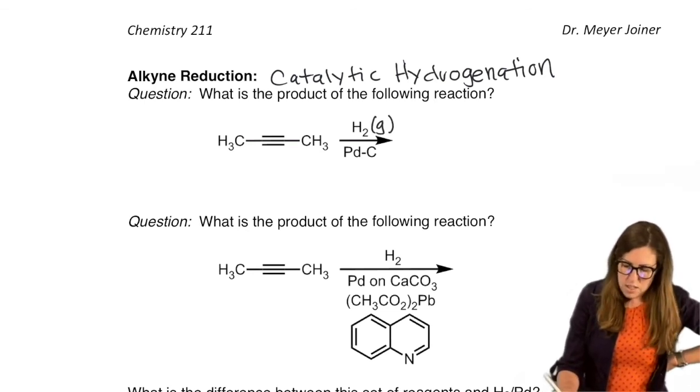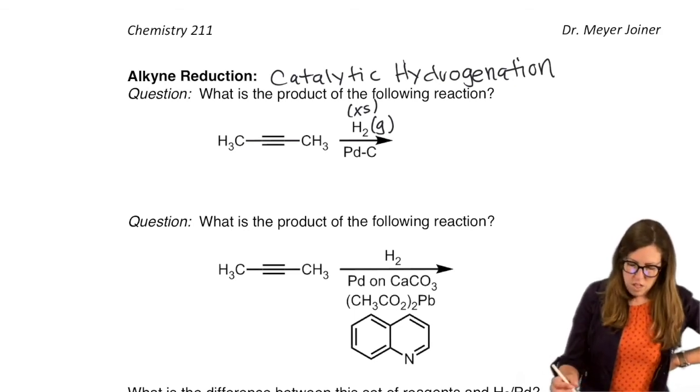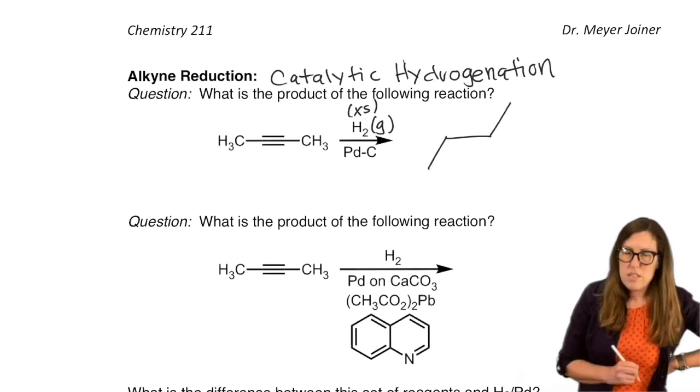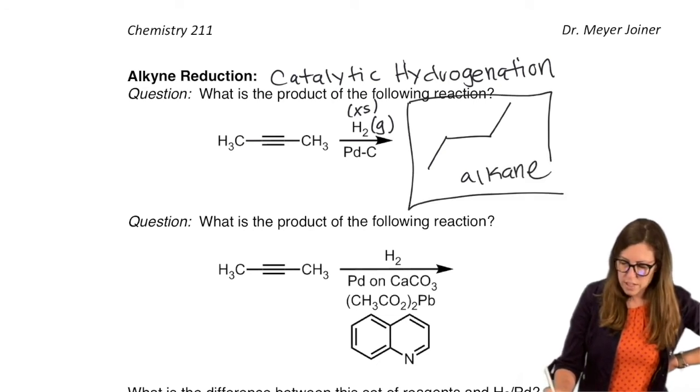Usually the stoichiometry is a little hard to control, so it doesn't always note this, but you're going to have to assume it's essentially excess. So what we get is complete reduction. You can't really control one equivalent very easily.